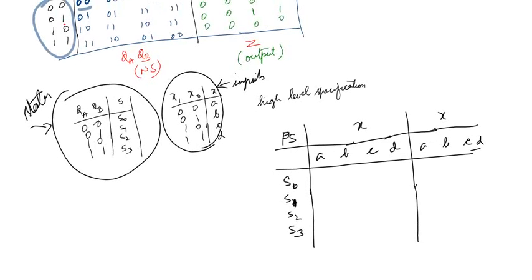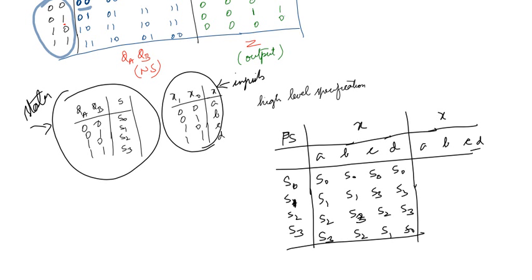So I am filling it. 0 0 means S0, so I am replacing these values with the state values. Writing like this is called high level specifications. This is S1, this is S1, this is S3, this is S3, this is S2, this is S3, this is S2, this is S3, S3, S2, S1, S0.